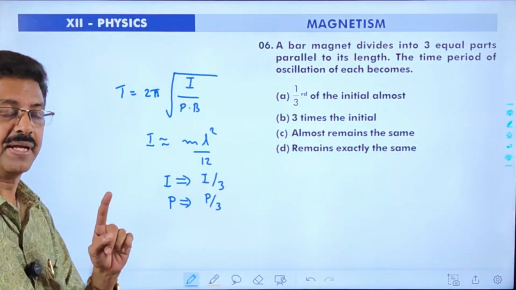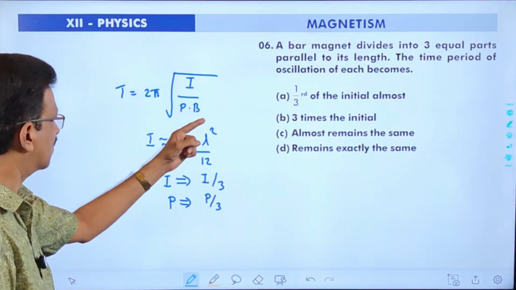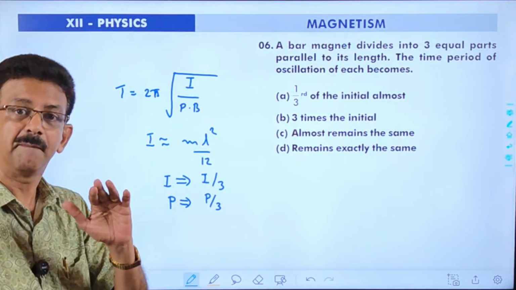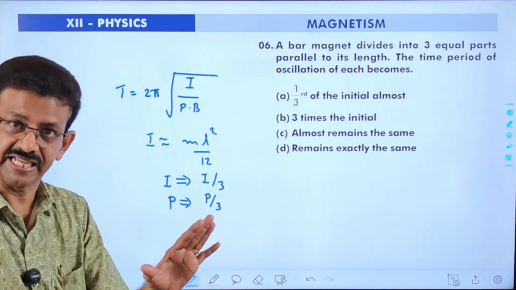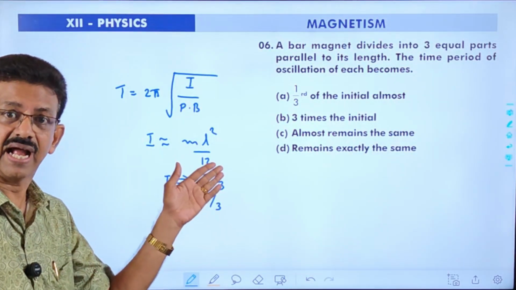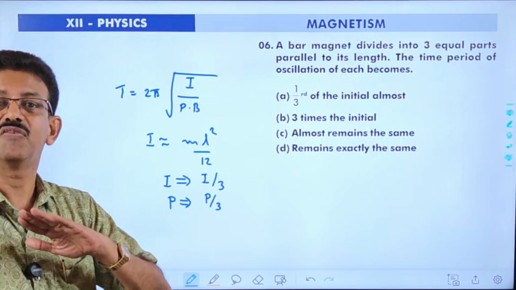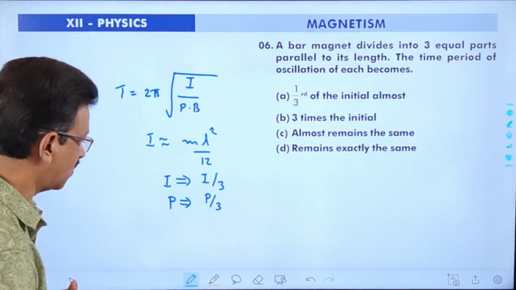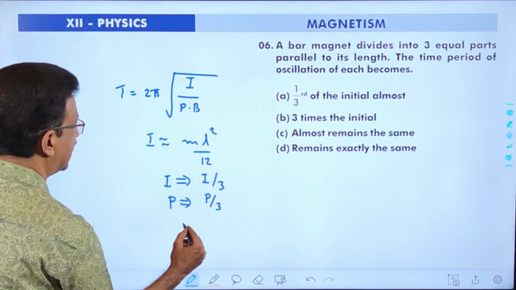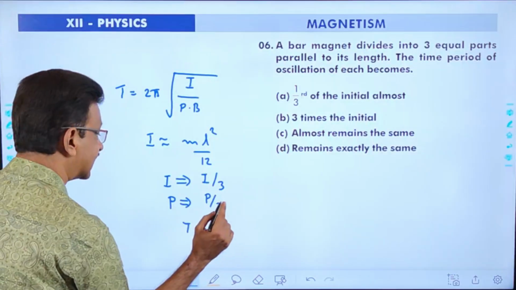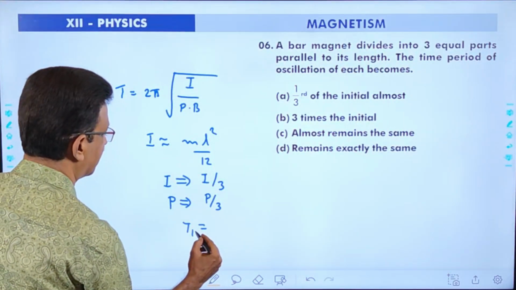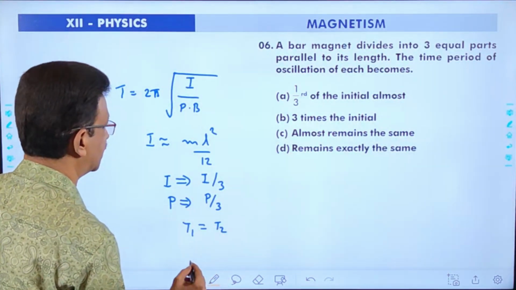Therefore, the time period of oscillation 2 pi root of I by P dot B becomes unchanged. So that is, I is now only 1/3 of the initial, P is now only 1/3 of the initial. Therefore, time period has no change. Or the time period remains exactly the same, T1 equal to T2.